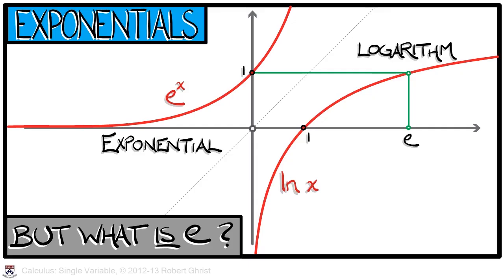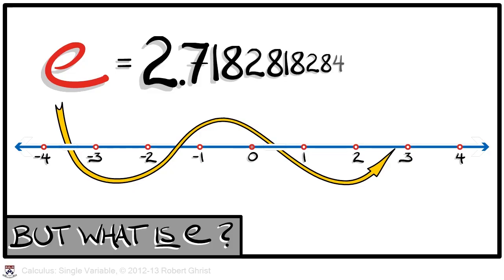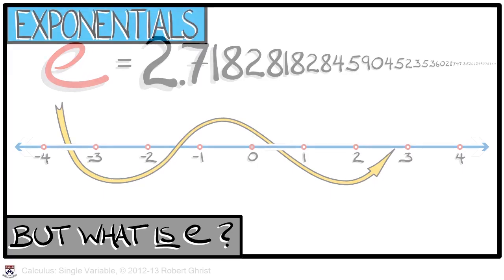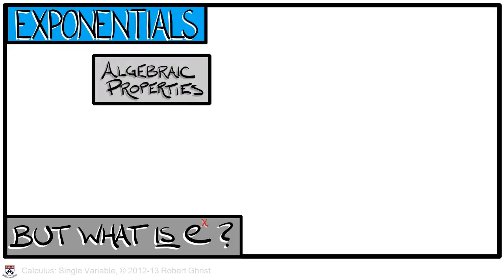How do we reason about e? Well, certainly e is a number. It is a particular location on the real number line. It has a decimal expansion, but being irrational, it is a little bit hard to remember all of it. That doesn't really answer the question of what is e. Why is it so important?